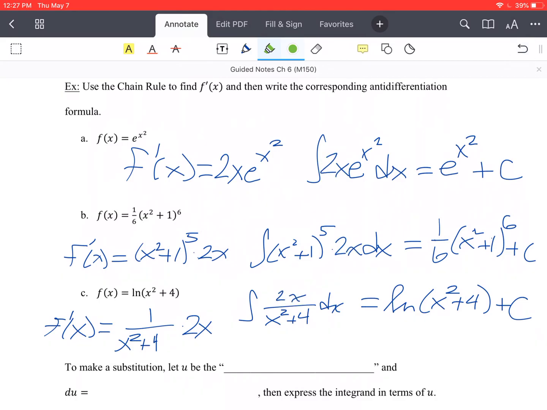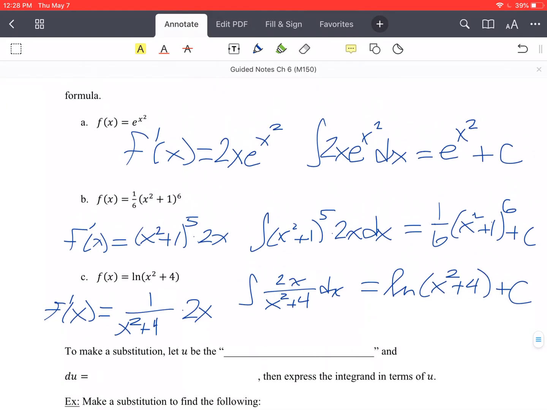So we need to start identifying where our inner function is and where our outer function is, just like we did with the chain rule. When we do the substitution, we can identify where that inner function is and where its derivative is. And that's going to help us take these integrals.